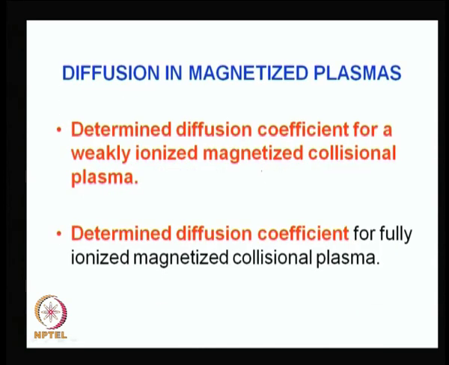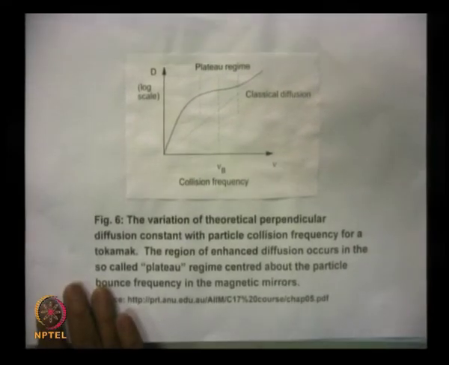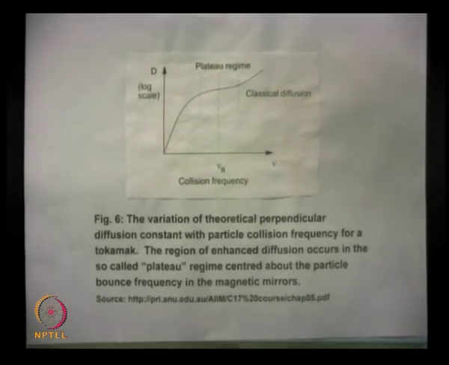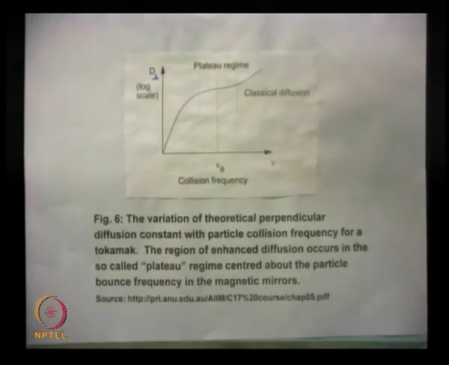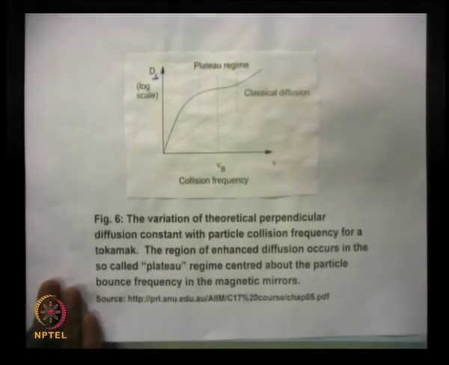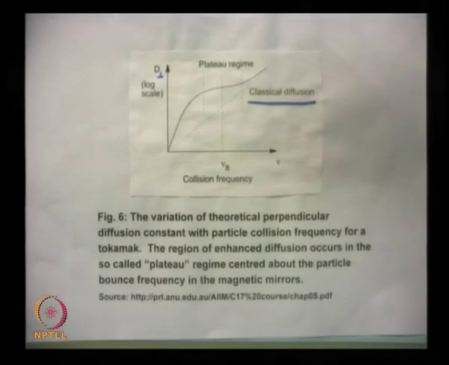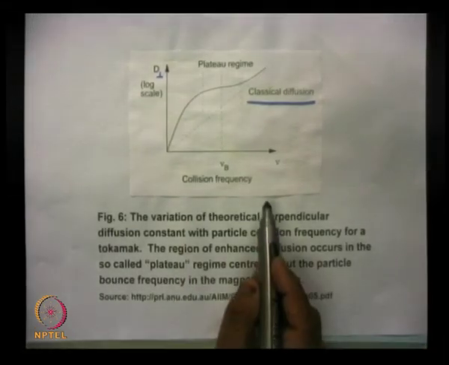For the sake of interest, I would like to show you a graphic showing the theoretically determined perpendicular diffusion coefficient D perp, on a logarithmic scale. This is the classical diffusion, which is the expected diffusion. We are taking a logarithmic scale and showing D perp versus collision frequency.